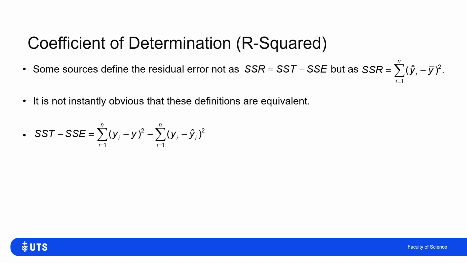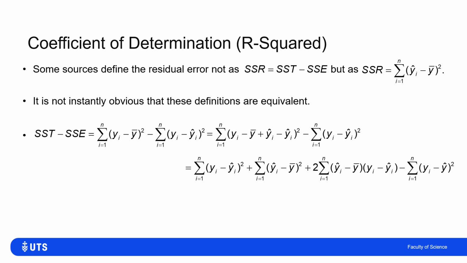But if we actually work this out, we write out the two terms for SST and SSE. I'm going to add in a term and subtract it. I'm going to add in to the first term plus yi hat minus yi hat within the squaring. And this allows me to regroup and then expand the terms.